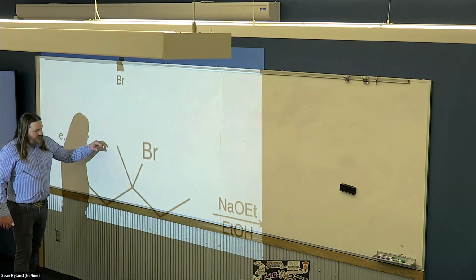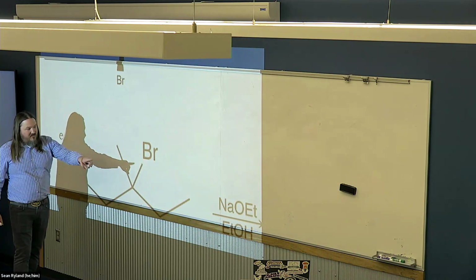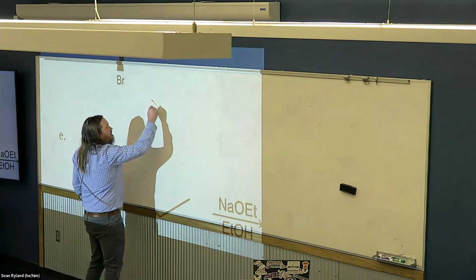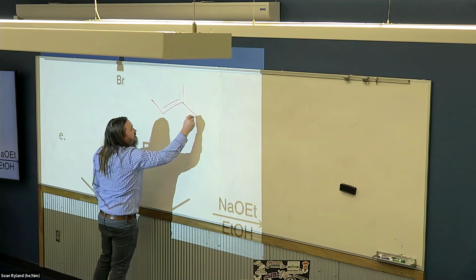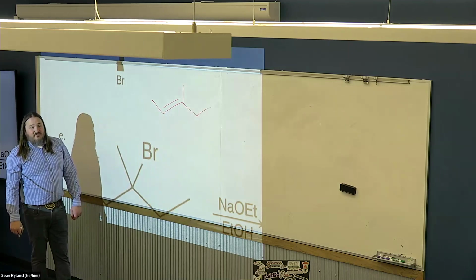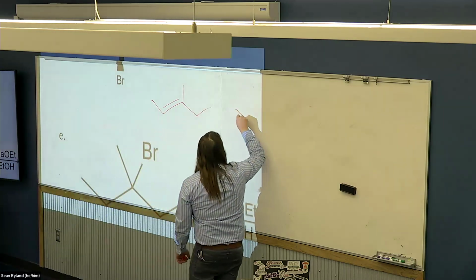And favored product: we have three alpha carbons again, and the favored one, since it's not a sterically hindered base, is going to be this, plus the cis. This is the trans isomer.